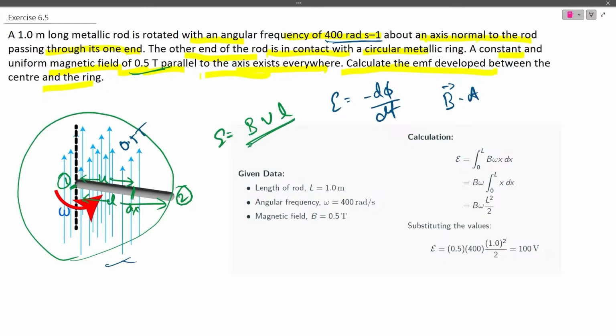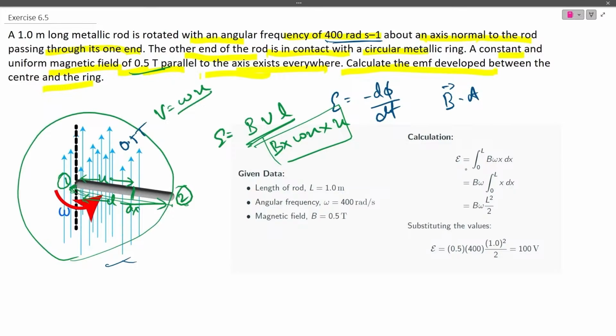For the section of length dx, it would be equal to B times V times dx. Now V at the distance x in a circular rotation is given by V = omega times x. So we can write it as B times omega x times dx. Now we will have to integrate this expression from 0 to L for the entire length of the rod.